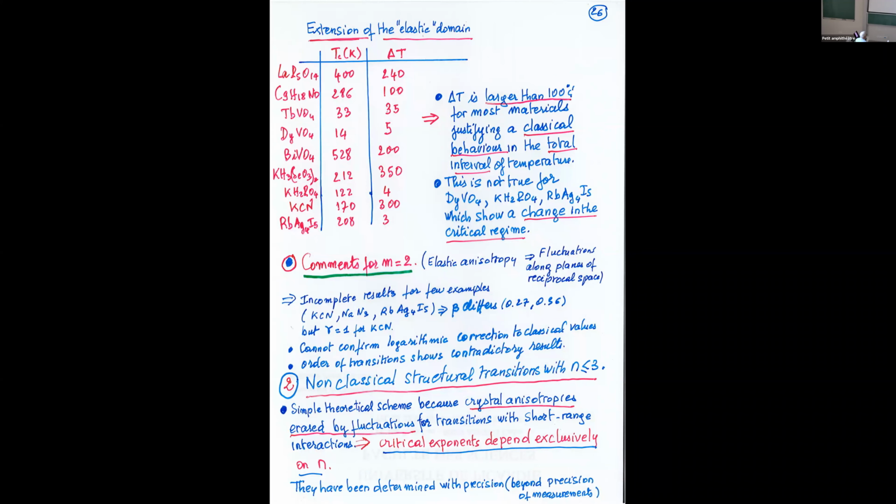All right. Now, there are incomplete results for n equal 2, for beta it differs, gamma is good. There has also been some prediction about KDP, that it could show some logarithmic correction, which was fashionable for some time after the work of Larkin and Khmelnytsky.